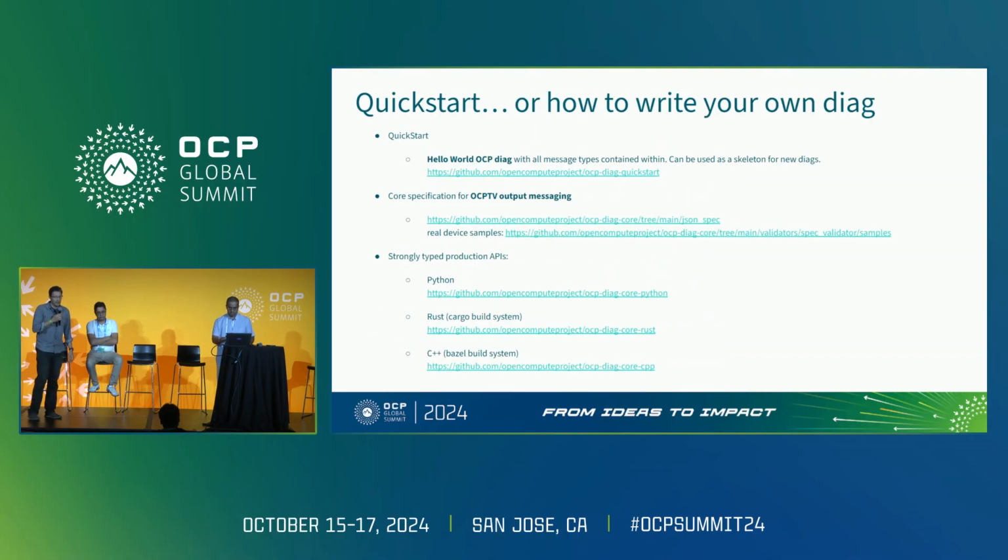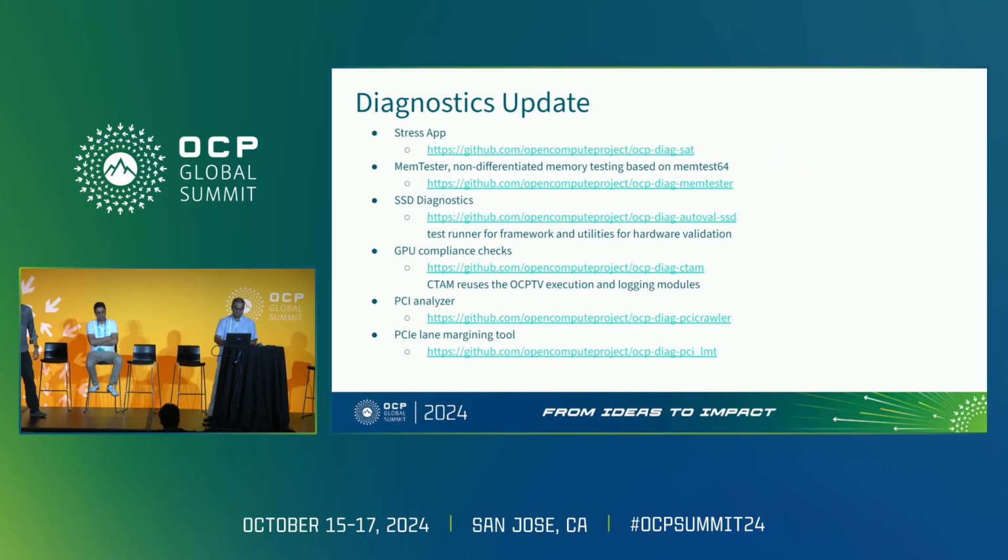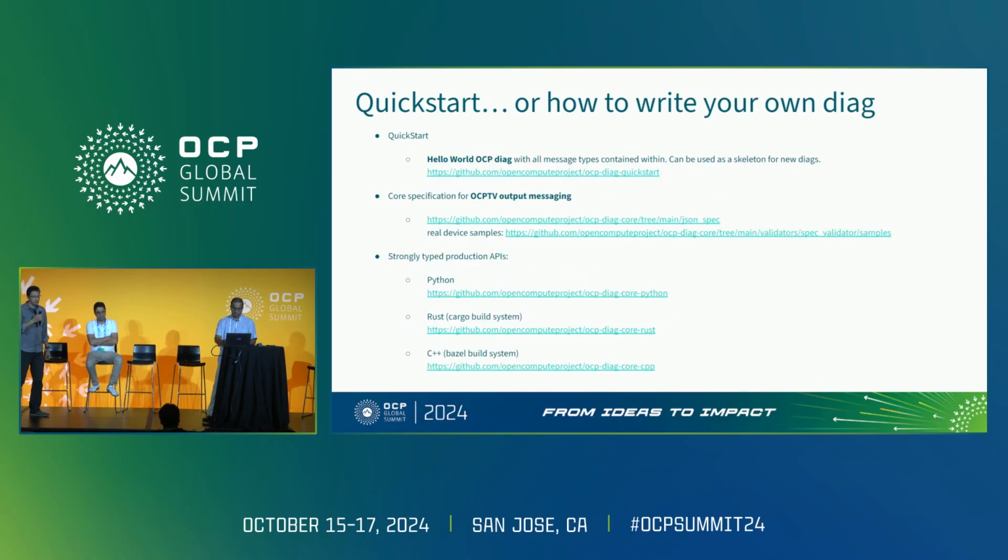One other diag that we're excited to share today and making available to the community, based on community feedback, answers the question: how do I get started developing in this format? What does it really mean? So we've made available the equivalent of a hello world of how you write a diagnostic that uses the libraries available for being compliant with the OCP spec.